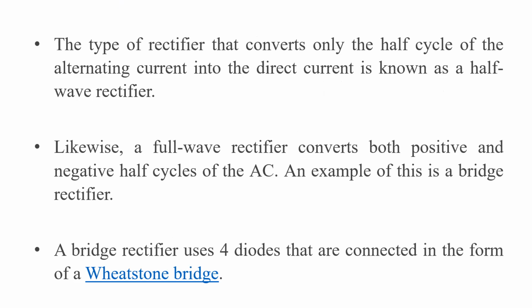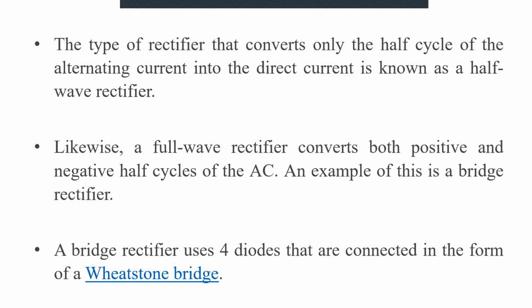In a half wave rectifier, only one half cycle is converted into DC and the other half cycle is eliminated. On the other hand, the full wave rectifier converts both positive and negative half cycles of AC into DC.